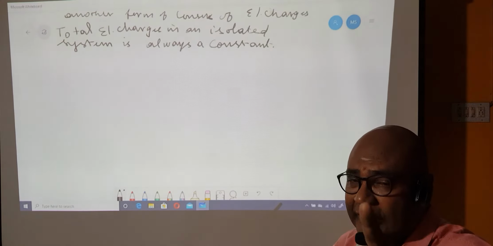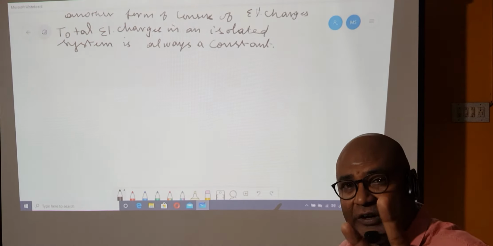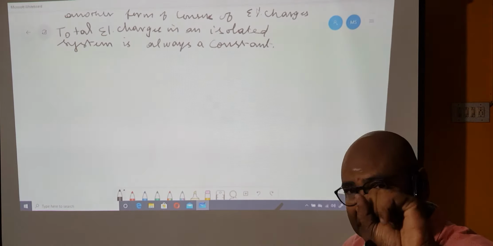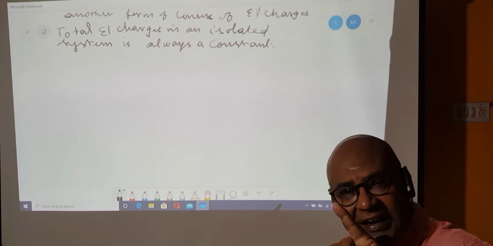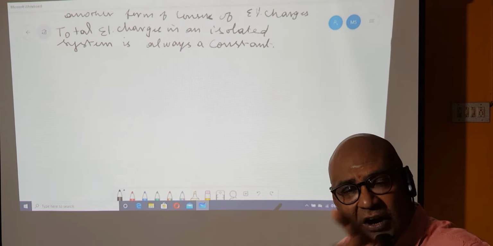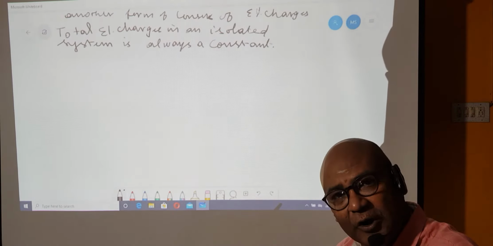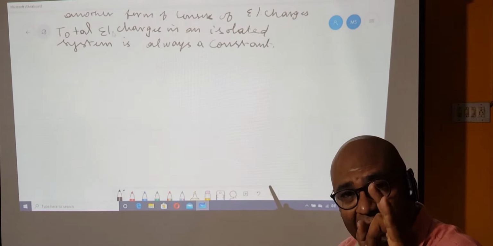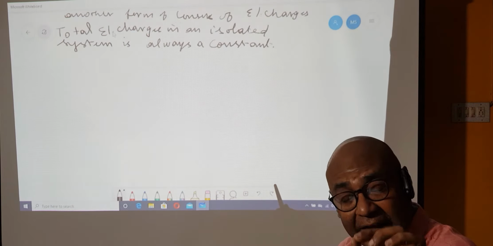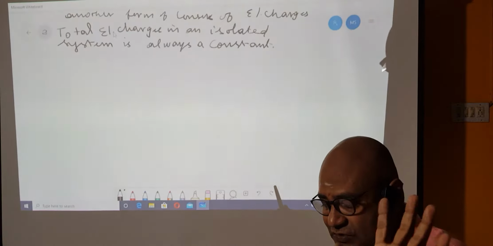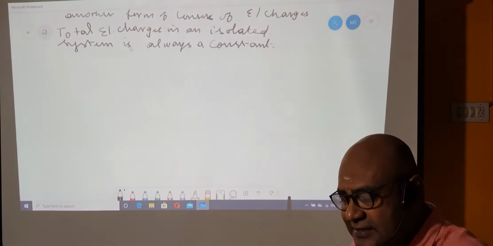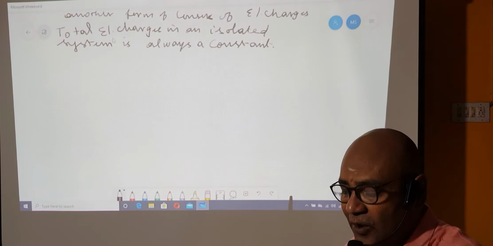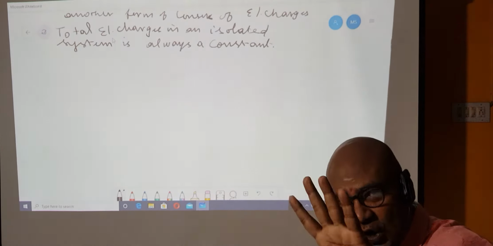Clear? So I have given you two definitions. The first: charges can neither be created nor be destroyed, but can be transformed from one form to another or from one material to another. The second: the total electrical charge in an isolated system is always a constant. Or we can say, in any physical process, the net change in charge is always zero.